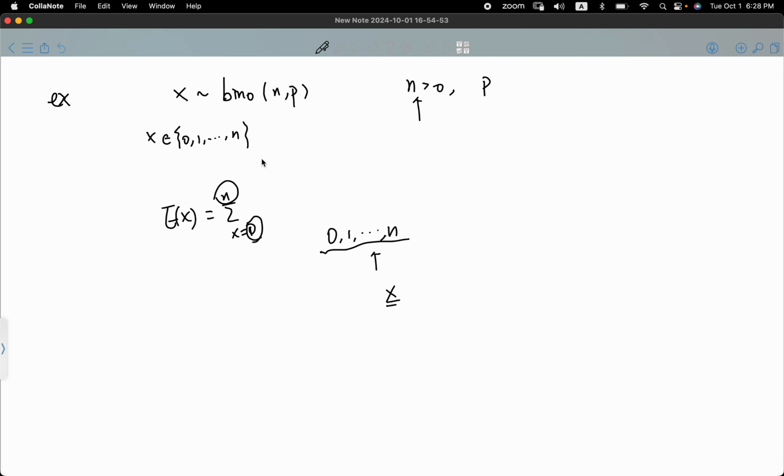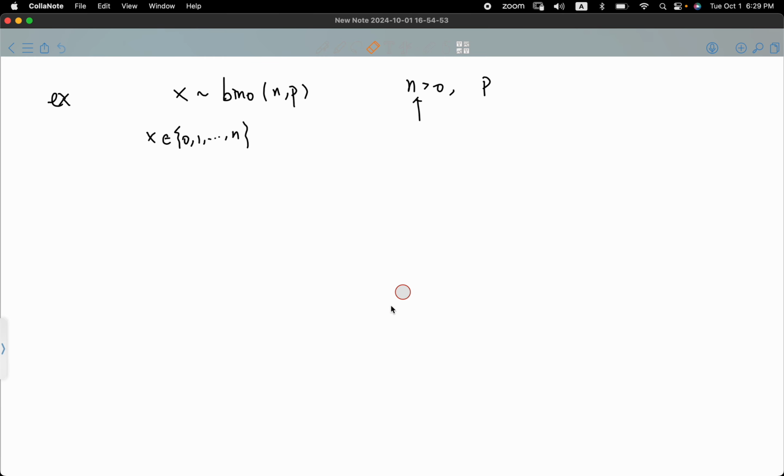Let's say n is equal to 10. Essentially you are tossing a coin 10 times, and the support is that you will observe 0 heads, or 1 head, or all the way to 10 heads. All those values are considered the support. Thanks for the question.